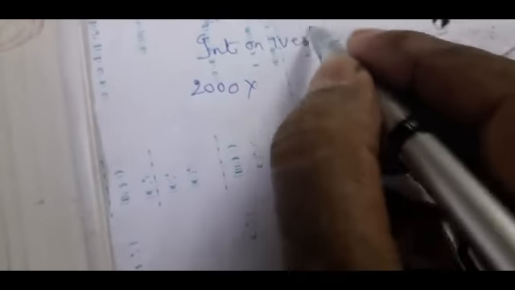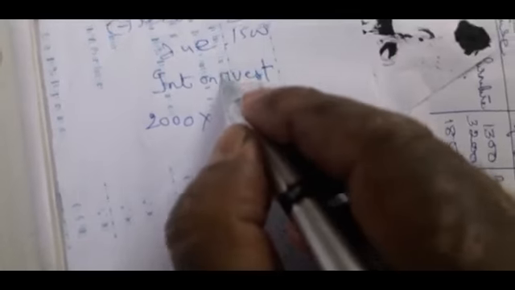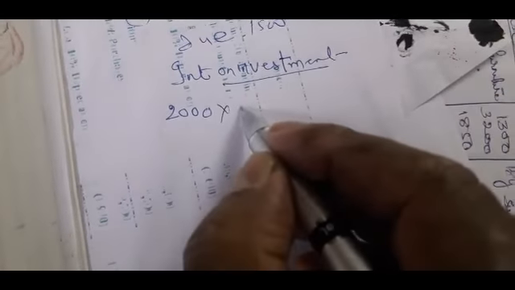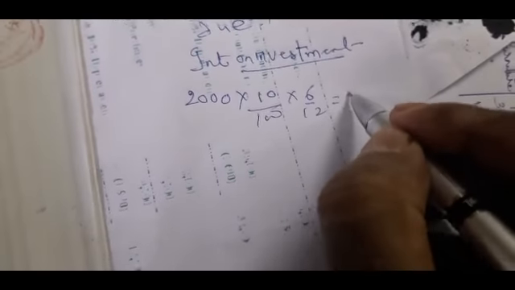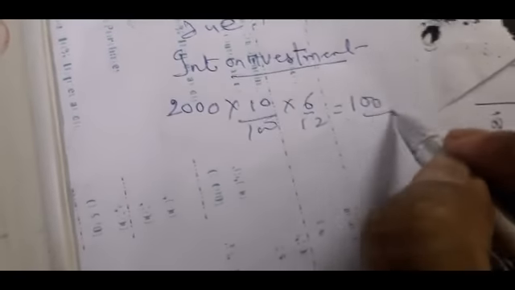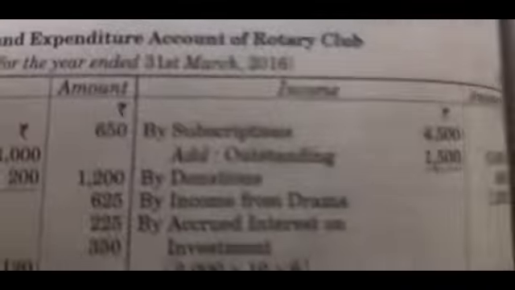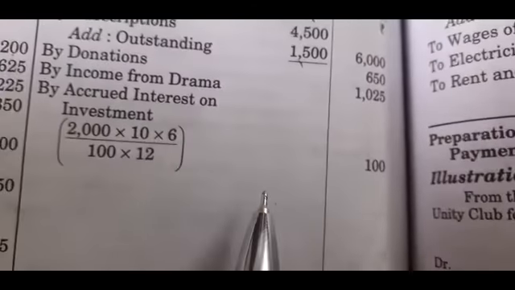So investment of 2000, rate of interest is 10% for 6 months, comes to 100 rupees. This is accrued interest on investment. On the income side, by accrued interest on investment, 100 rupees.